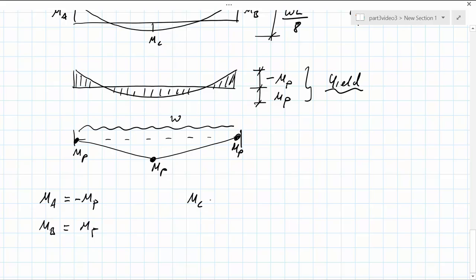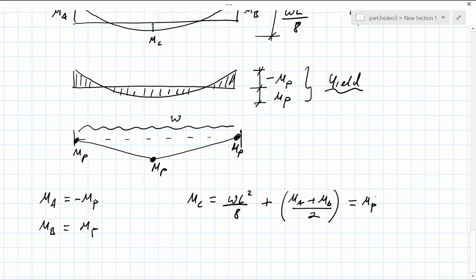For MC, we say that that is equal to WL squared over 8 plus the contributions of the support moments or reaction moments, MA plus MB over 2. And this all has to equal MP.